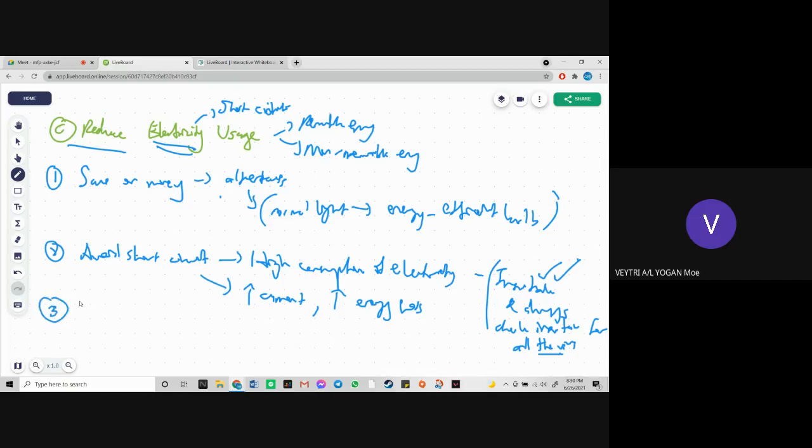Number three, we should reduce electrical or electricity usage because of limited non-renewable resources. Okay? Okay, in Malaysia itself, electricity is generated from burning of fossil fuels. While in other countries, they are using unlimited resources or renewable energy, such as from the sun, wind, and tides.